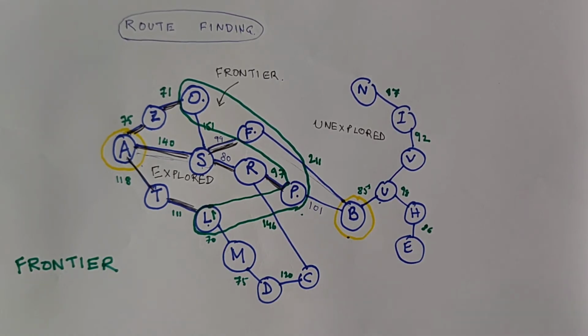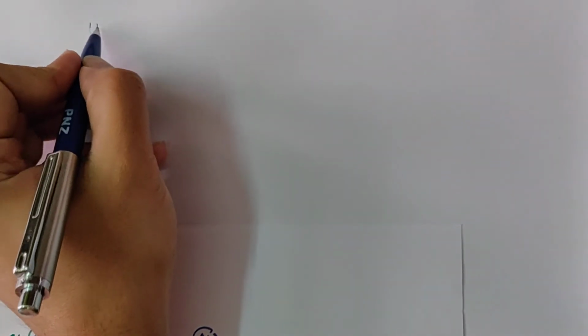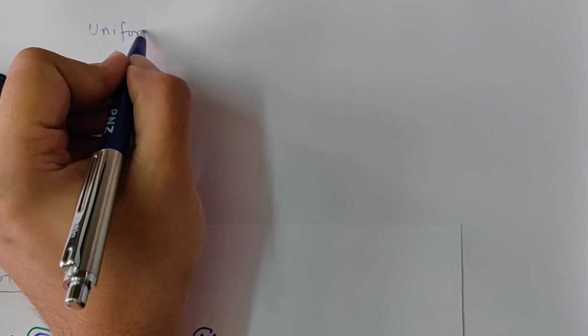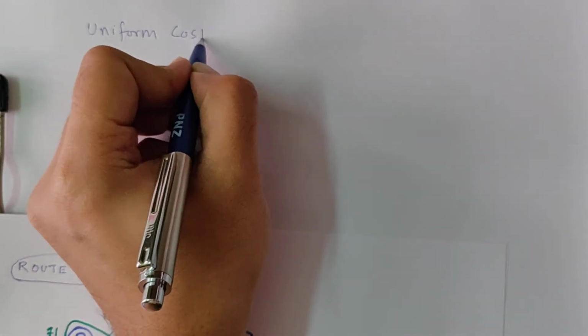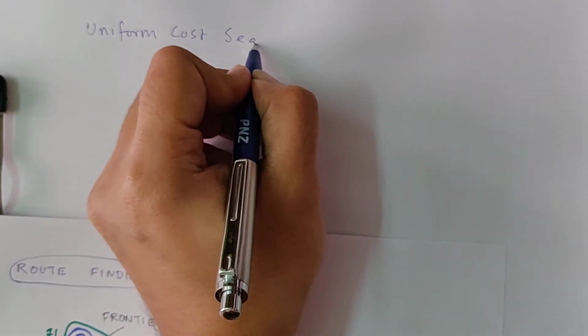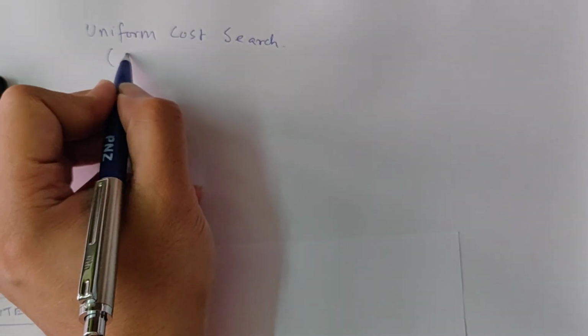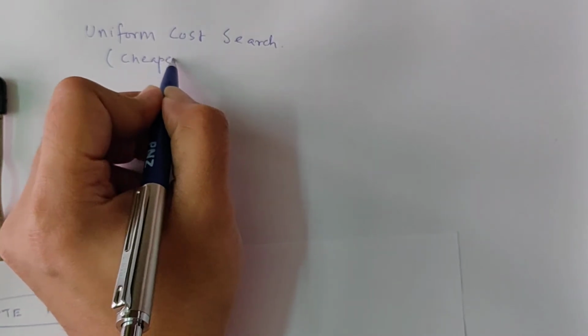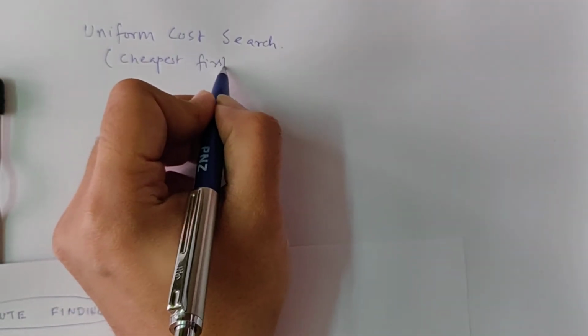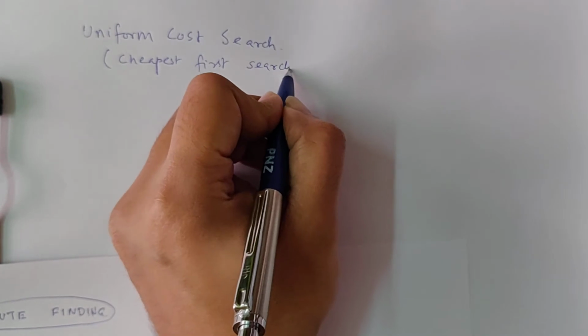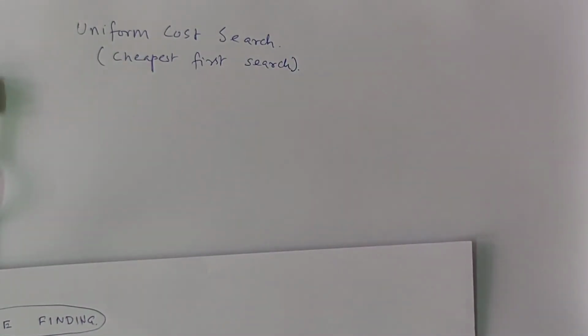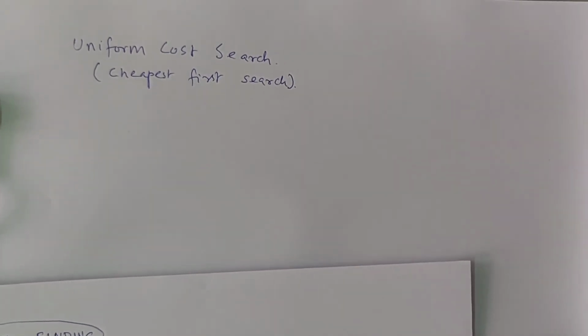For that, we have a different algorithm which is called uniform cost search, or in some literature it is also called the cheapest first search. So let us see how we do that.